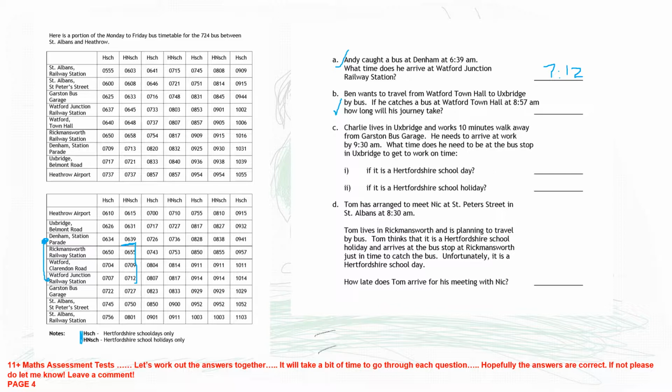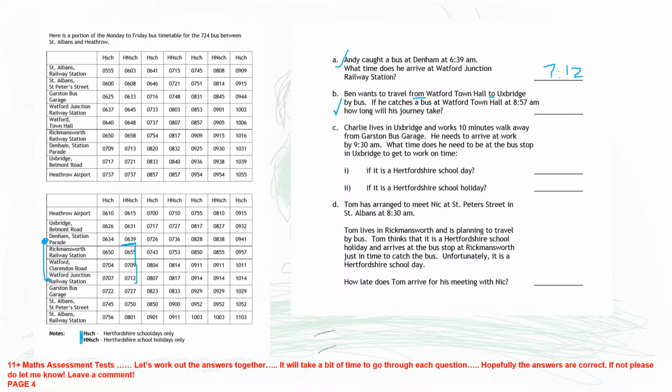Ben wants to travel from Watford Town Hall to Uxbridge by bus. Now remember these two words, from and to, because they tell you where to start from. So he wants to go from Watford Town Hall.